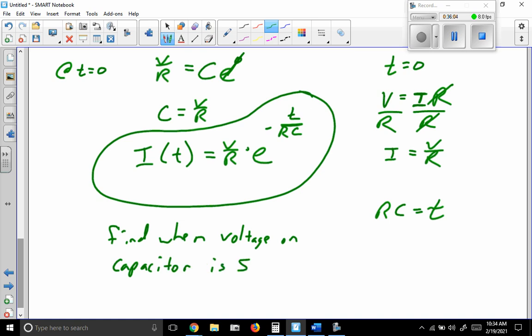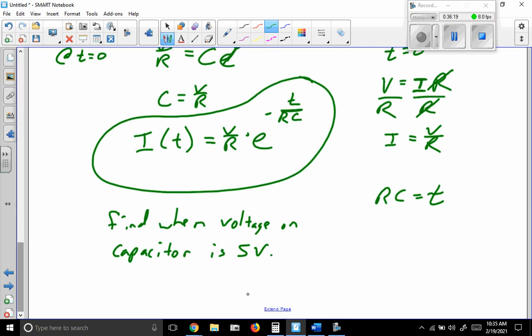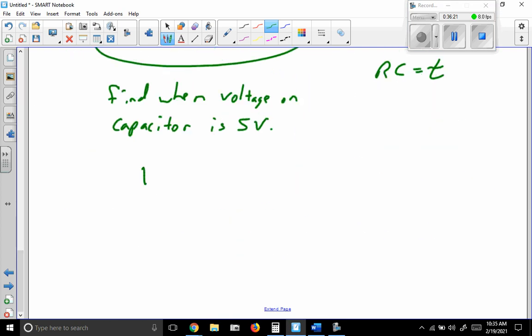So how do we get voltage on the capacitor anyway? The voltage on the capacitor is Q over C, or 1 over C times Q, where Q is the integral of I dt.